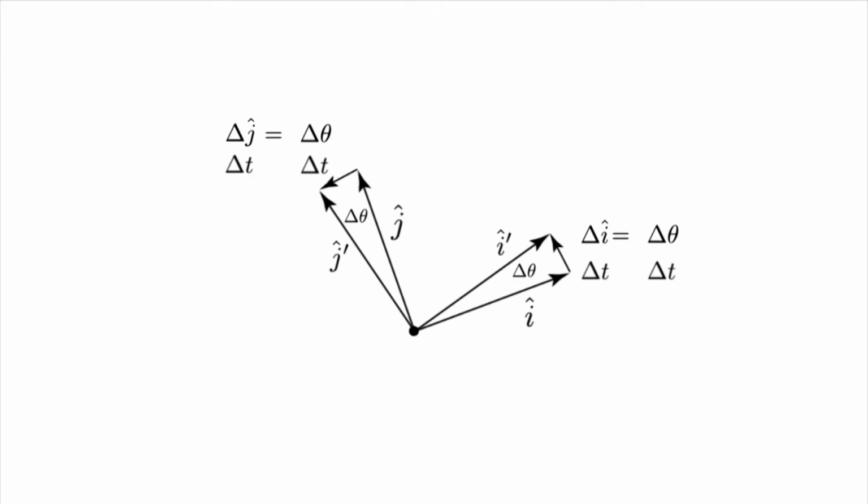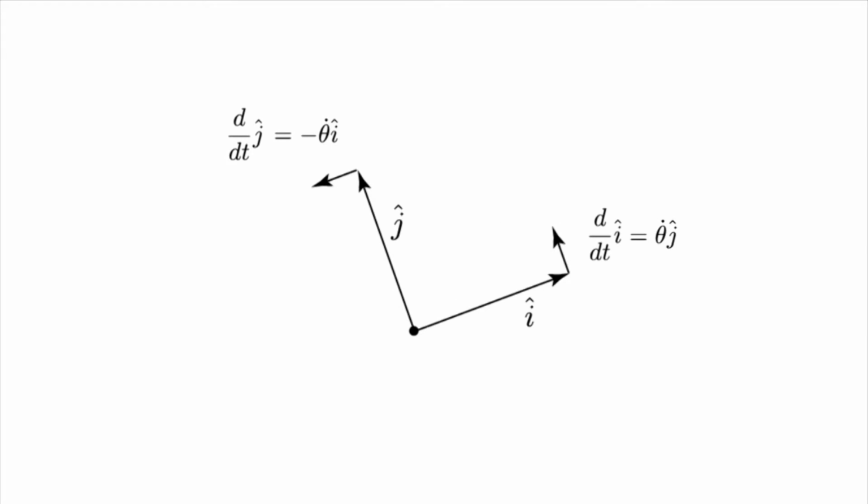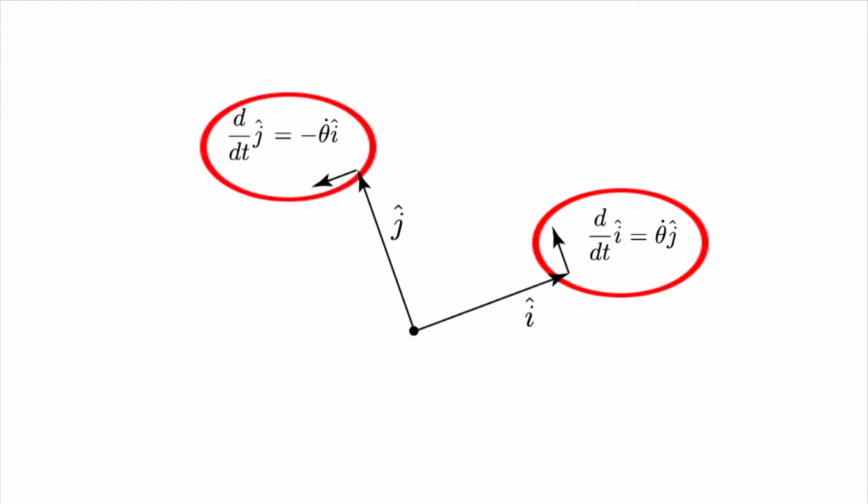In the limit, as delta t goes to 0, delta theta over delta t becomes the instantaneous angular velocity theta dot. di hat dt is in the direction of j hat, while dj hat dt is in the direction of minus i hat. This gives us the expressions needed to evaluate the time derivative of the unit vectors.